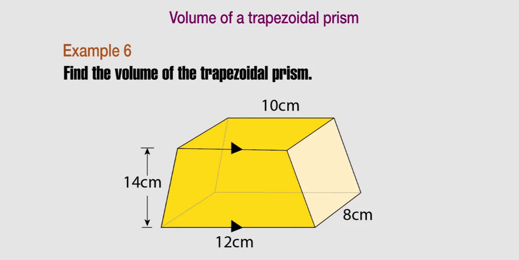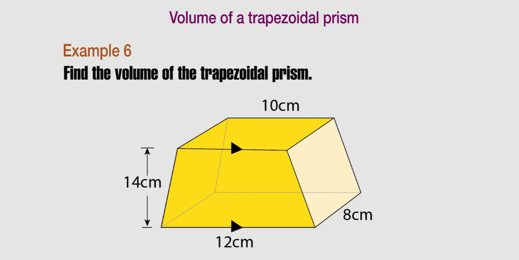From the diagram, we find the area of the trapezium. The height has been given as 14 centimeters. We have the parallel sides to be 12 centimeters and 10 centimeters. And the length is 8 centimeters.